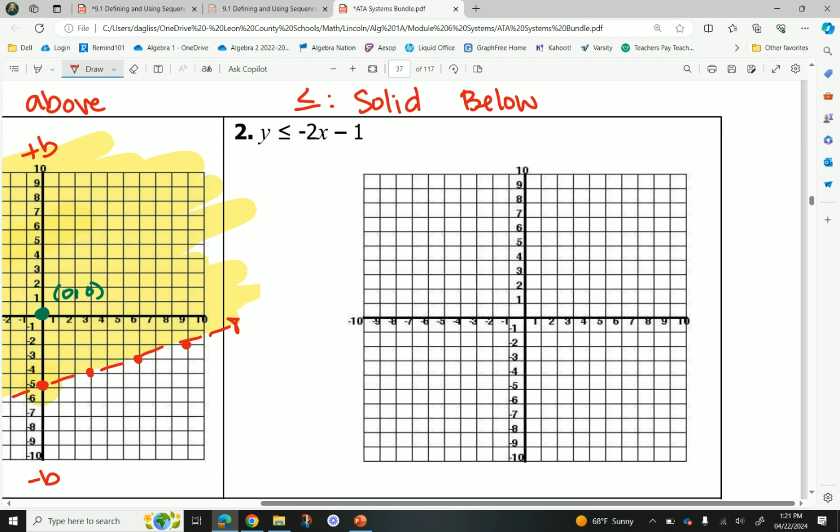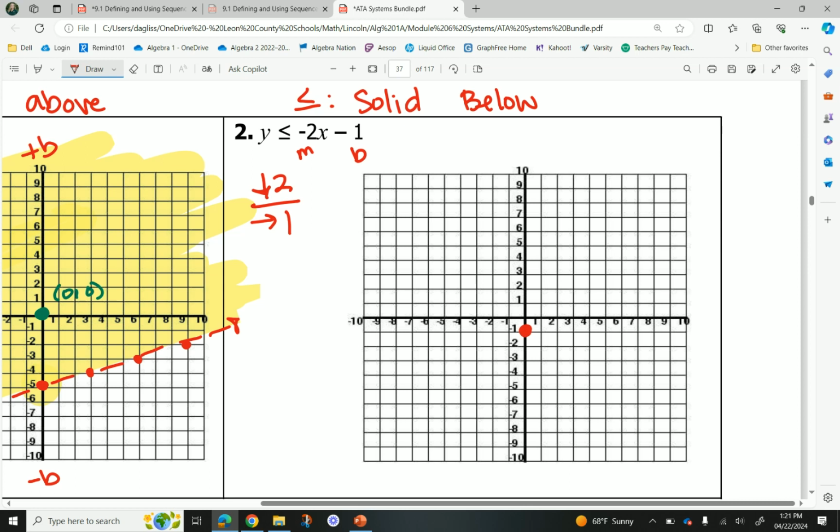Where do we start this line? We begin where we have a y of -1. So we're going to begin right here. Okay? This -2 is my m, or my slope. It's how we move. So how do I move to my next point? Good. We're going to go down 2 and forward 1.